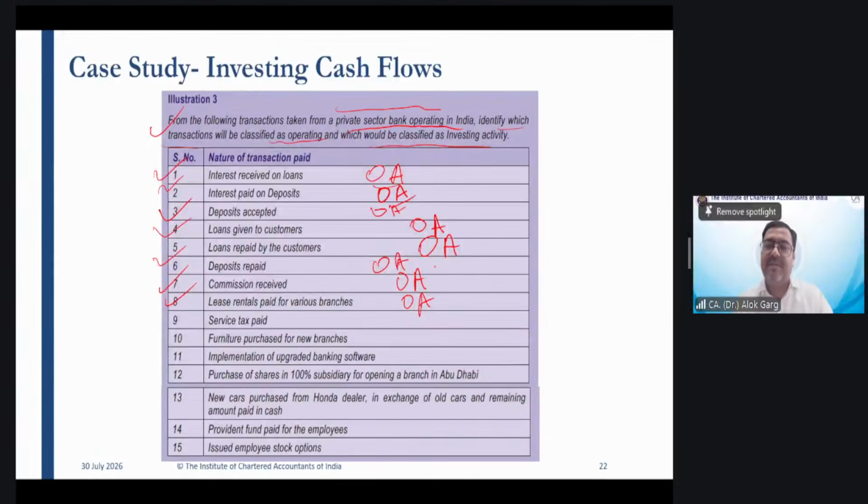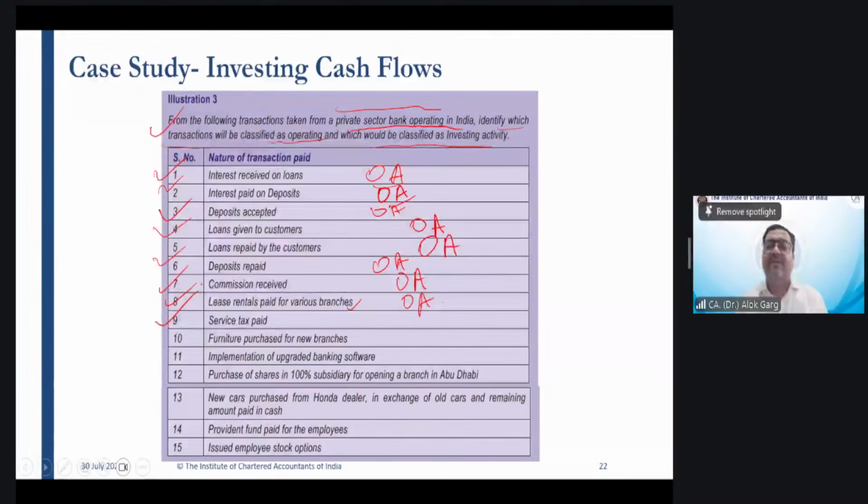But yes, as rightly said by Manoj, if you apply Ind AS 116, then it will result in depreciation and interest cost. That interest cost will go to the financing activity, right? But as of now, we are assuming this lease rental is debited to the P&L and it will be part of the operating activity, not only for the bank, but for everyone.